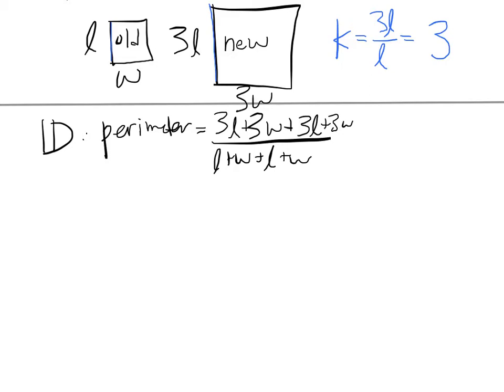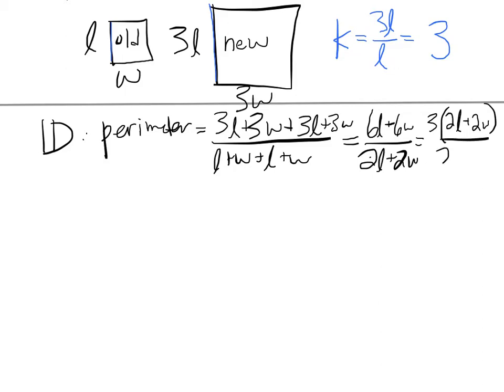Okay, back to the perimeter. If I was going to simplify that, I have 6L in total and 6W on top, and 2L and 2W on the bottom. Now I want to try and cancel some things out. So if I took a 3 out of the top, then I could just have 2L plus 2W over 2L plus 2W.